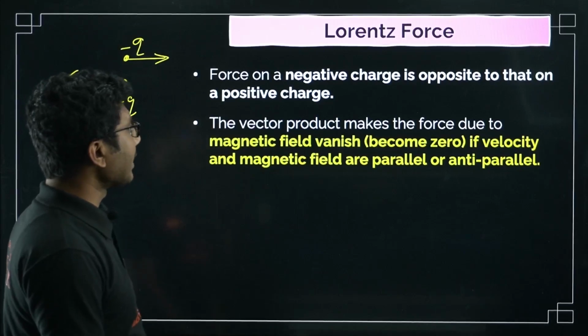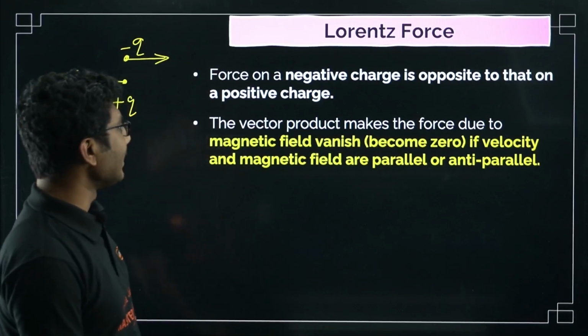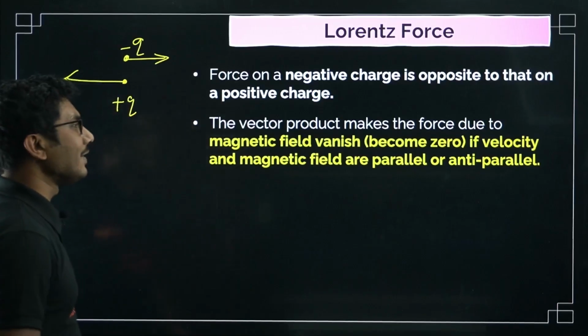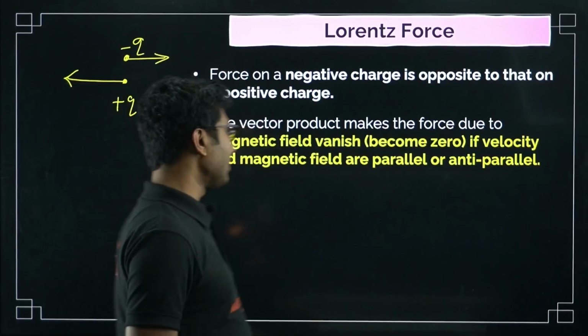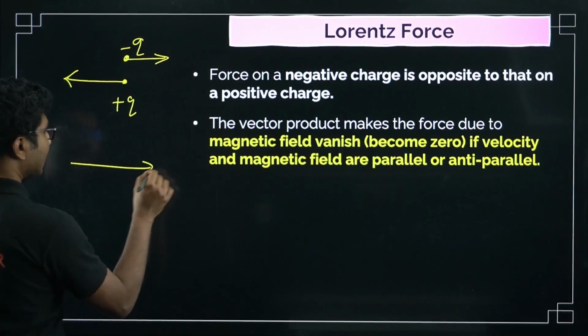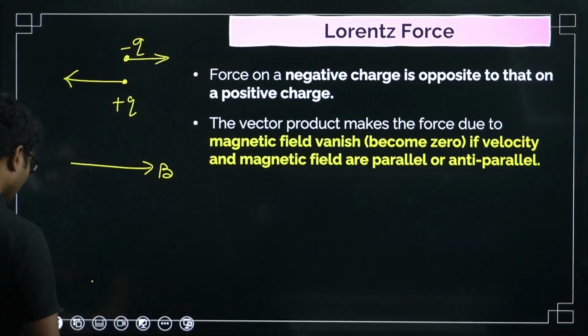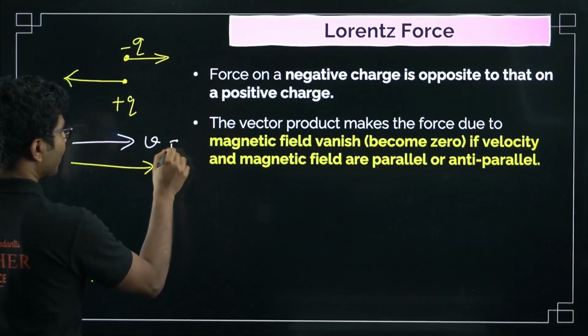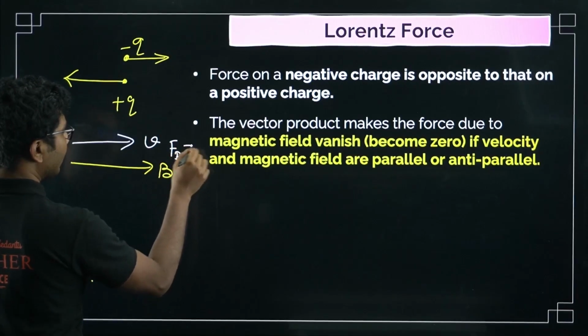The vector product makes the force due to magnetic field vanish, or become zero, if velocity and magnetic field are parallel or anti-parallel. If there is a magnetic field and the object is moving in the parallel direction, then the magnetic force will be zero.